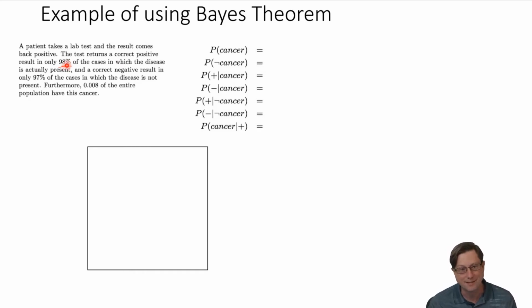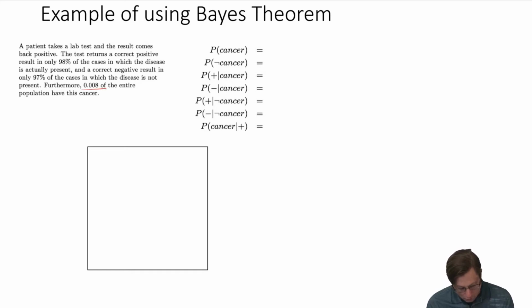In 98% of the cases, it's a correct positive. That sounds pretty bad for the patient already. And a correct negative result in 97% of the cases. That means if you don't have it, it would say no 97% of the time. Looking at these numbers, these are high 90s, and you might say, oh geez, poor patient.